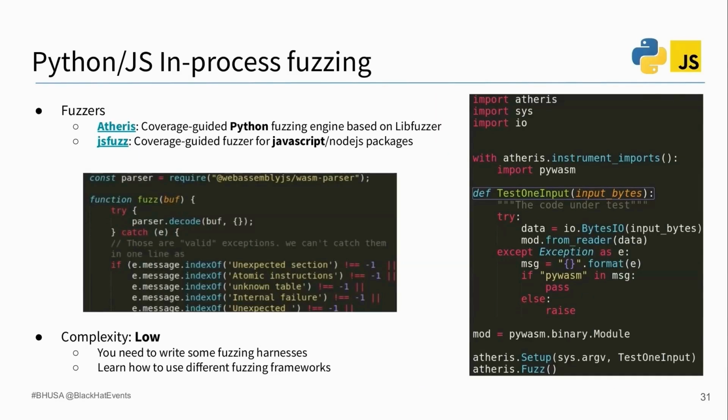It's a Python fuzzing framework based on libFuzzer and jsfuzz. Again, you just need to write the fuzzing harness. You don't need to know exactly how the language works or be an expert developer in it. You follow the fuzzing harness template, and then you are more or less good to go.